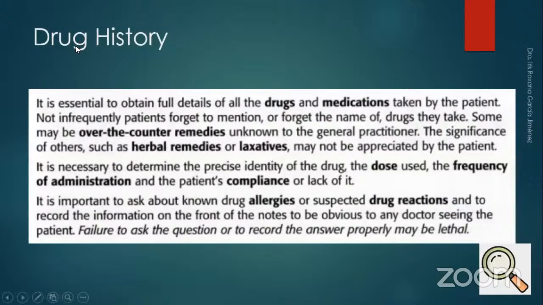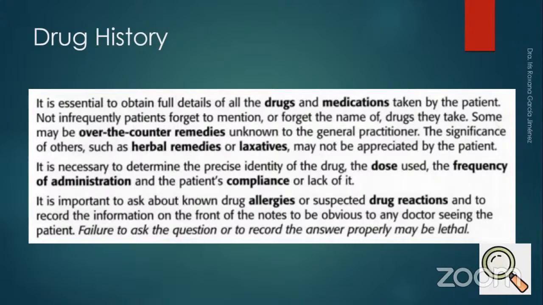Talking about the drug history, how to take this information, we have to consider this. It's essential to obtain the full details of all the drugs and medications taken by the patient. Why is it essential? Because patients, we all know, do not always tell the truth.